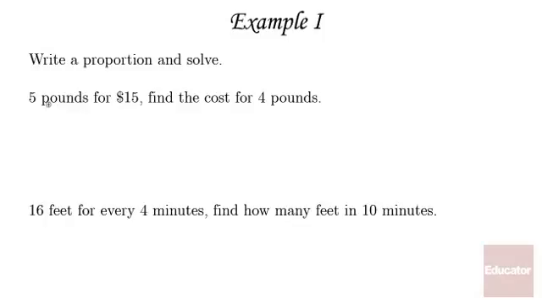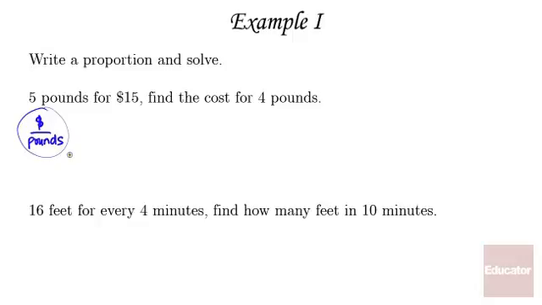I'm using pounds and I'm using money, right? So I can say money or dollars on the top, and then I'm going to keep the pounds on the bottom. It doesn't matter if you do pounds over money, that's fine too. So here's my word ratio. That means when I create my proportion, I'm going to keep all the dollars on the top and all the pounds, the number of pounds, on the bottom.